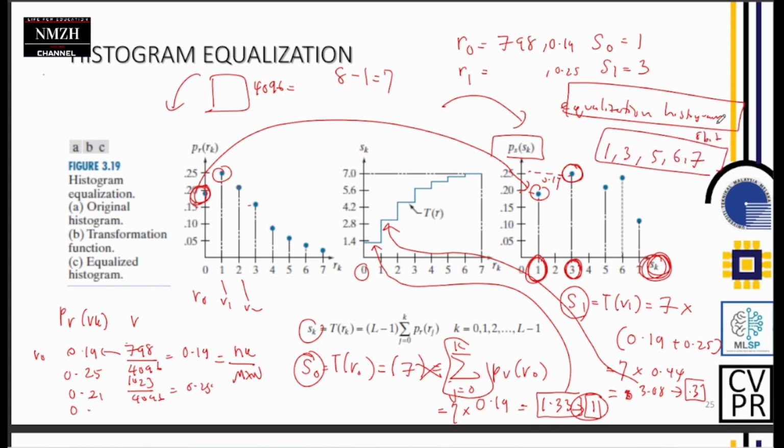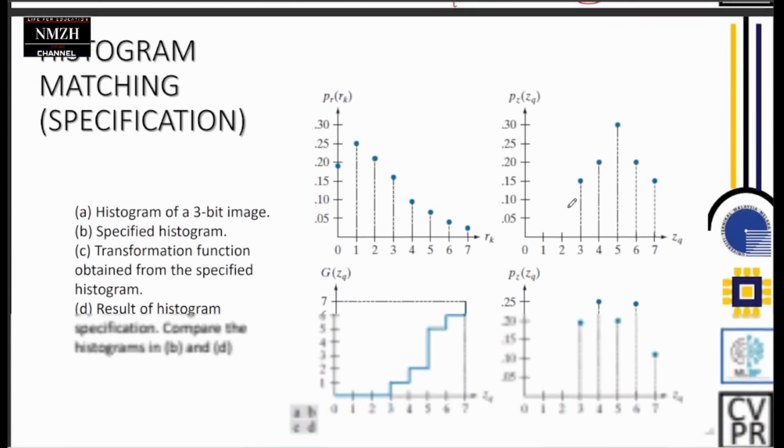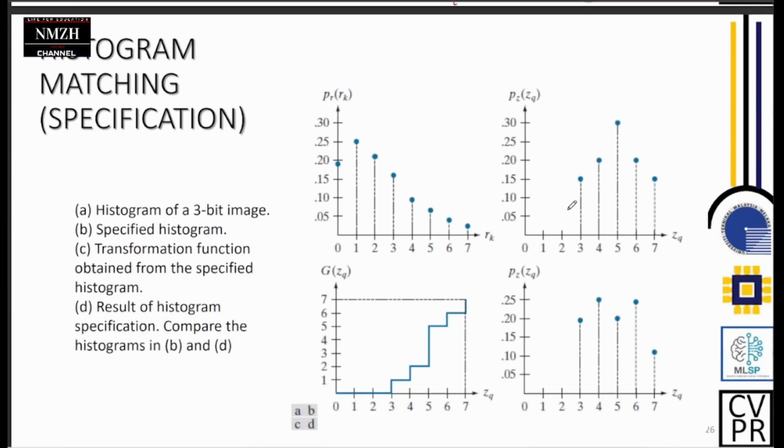So that would be the discussion on equalized histogram here, right? So I think that would be interesting to redo again at home. Okay, so histogram matching specification is similar to what we have just now. So we have the probability of input image. So this one is PZ, basically the PDF for the output.